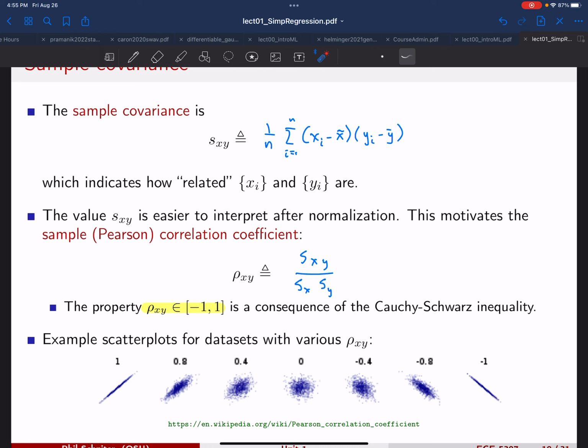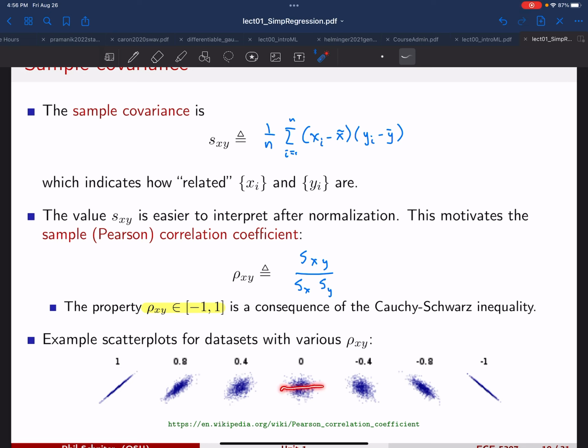Now, as they start to fall off that line a little bit, the value comes down from 1. And as they get more and more off the line, but still you can kind of see that there's this overall positive relationship, as one gets larger, the other still gets larger, you still have a positive correlation coefficient.